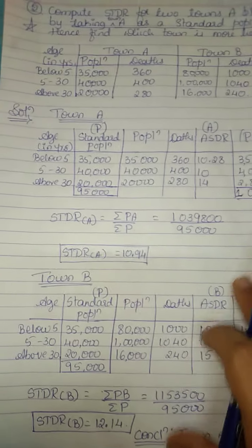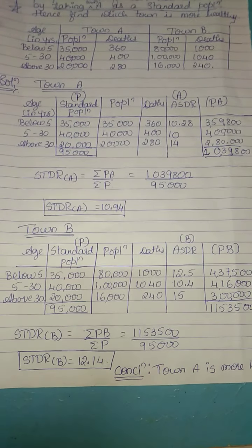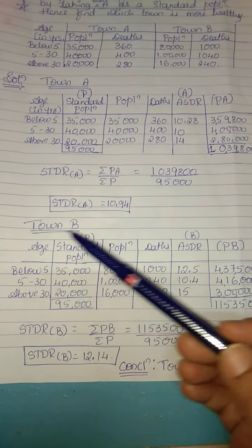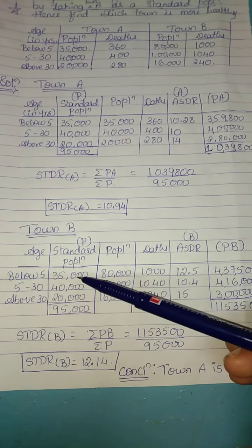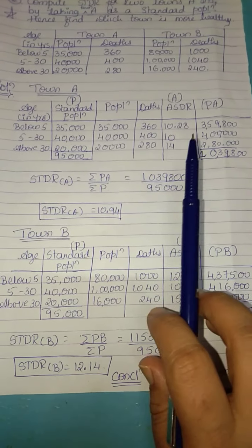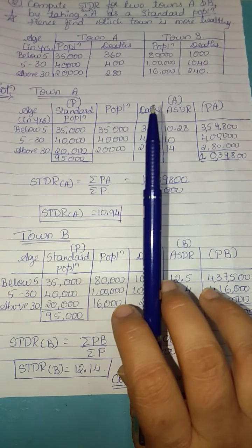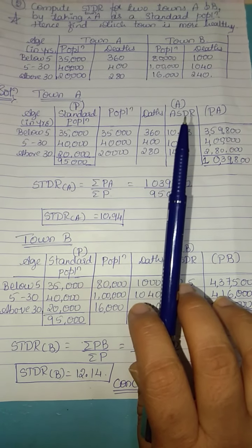Next I have considered town B. Don't get confused with this, the concept is very clear. For town B, I have written the same age groups and the same standard population here. For a single example, the standard population will be the same. Only one standard population will be there for one example.